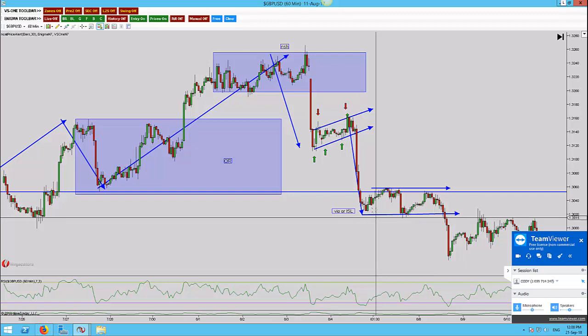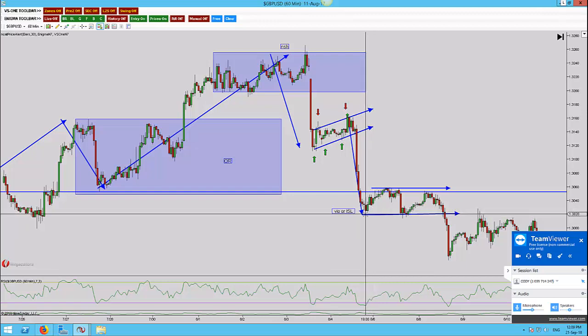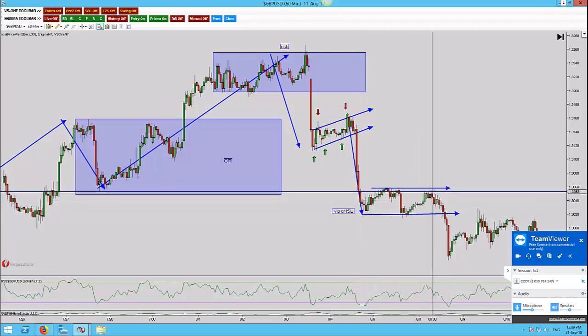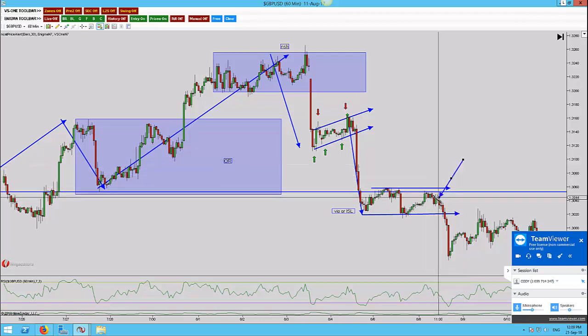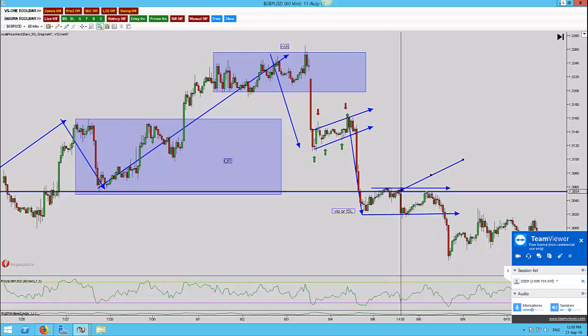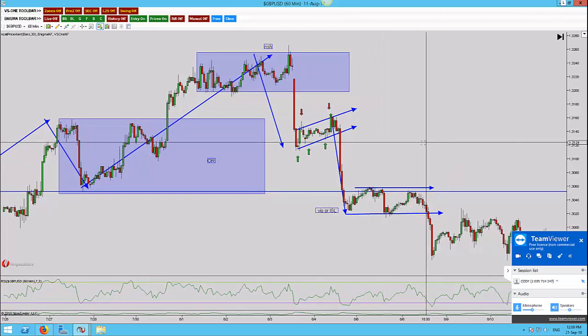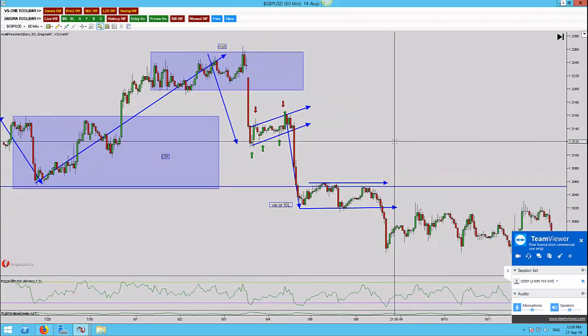Again, this one isn't valid because we actually needed it to test 2 times either side of the trend line. We didn't quite get it, but nevertheless, you can see that the pattern actually played out really nicely, and I would have got my entry here because I would be looking for this high and tight flag here. So we can learn quite a bit between these two patterns because they both tell a different story.